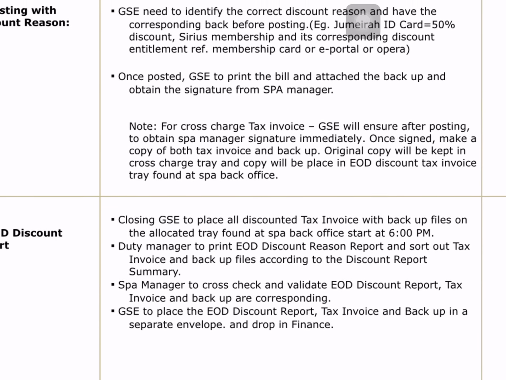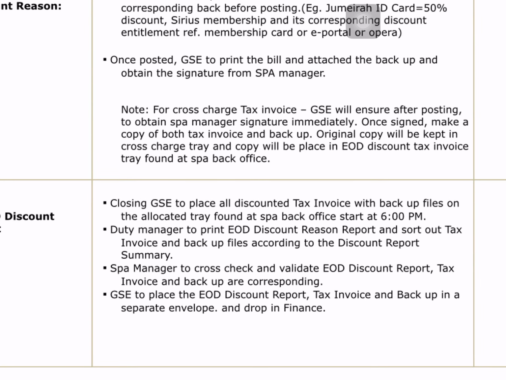Closing GSE to place the discounted tax invoice with backup files on the allocated tray found in the spa back office, starting from 6 p.m. So for the closing shift, an advice to you, since you know how the closing shift is, how many invoices you need to check, how many reports you need to reconcile at the end of the day: have an initiative to think of your tasks in an easier way.